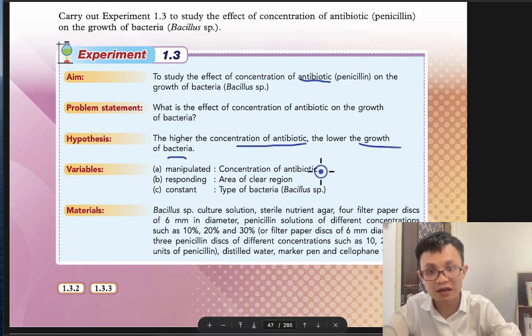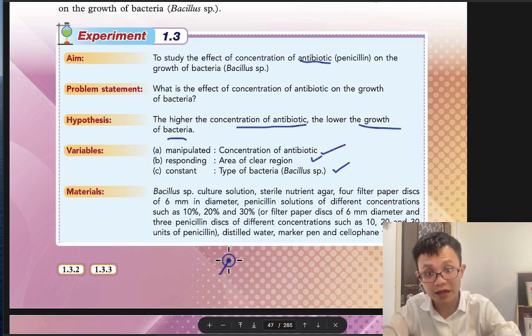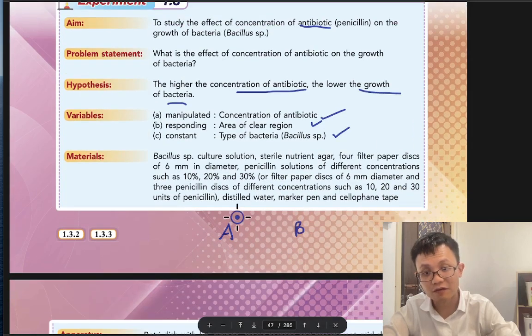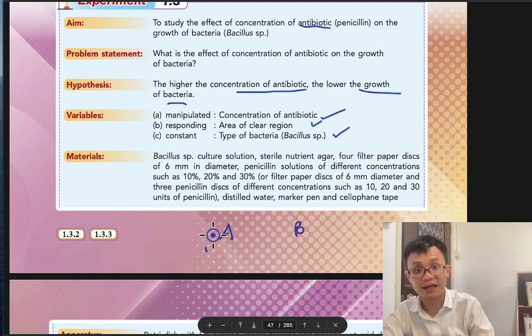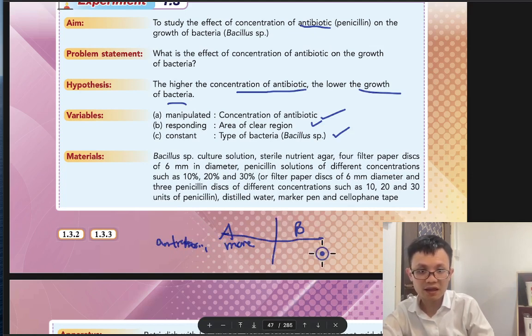Okay, so concentration of antibiotic, this one you read by yourself. Maybe A you put high antibiotic, B you put low antibiotic. Of course the colony is more. Let's say A is more antibiotic, here is more, here is less.